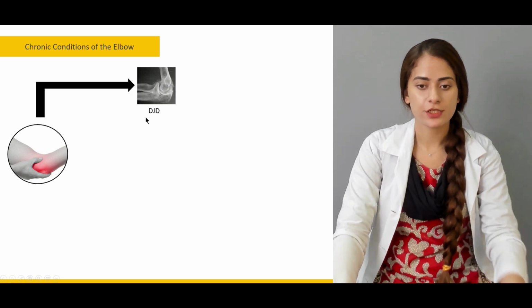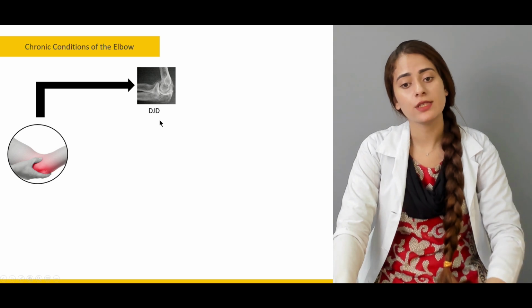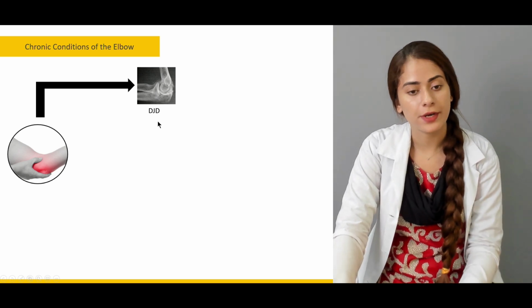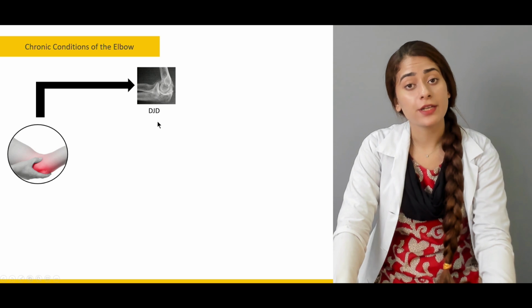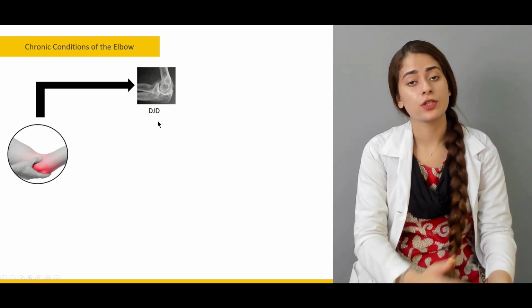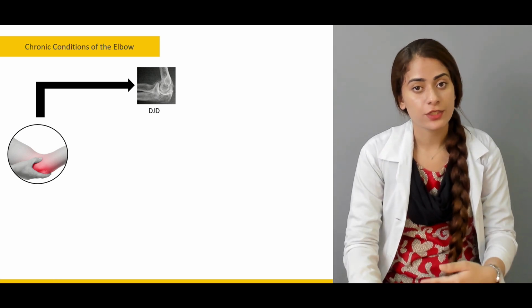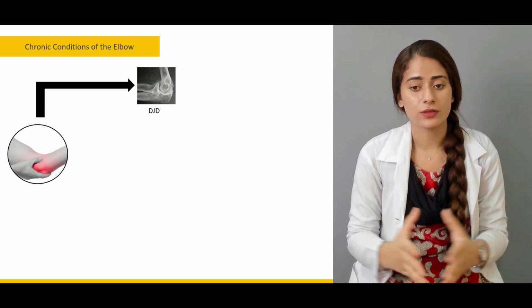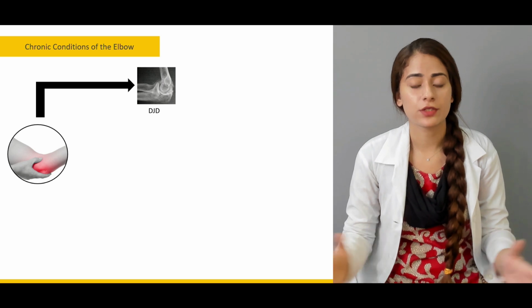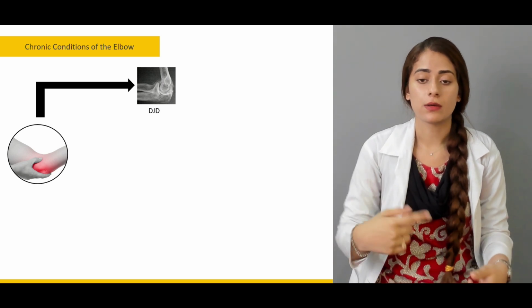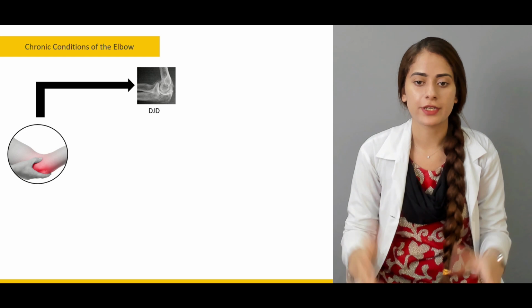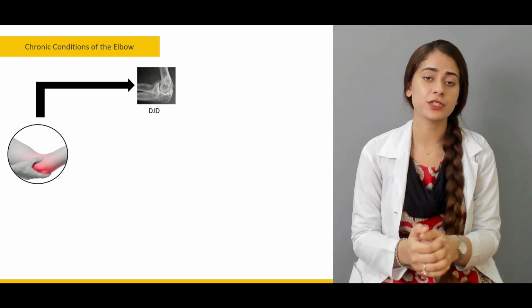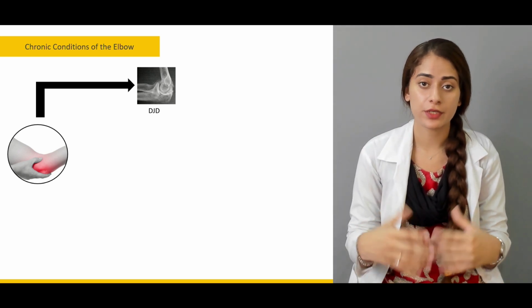So the first condition that we have is degenerative joint disease, also known as osteoarthritis. That is a chronic condition because it is a progressive condition, which takes a long period of time to occur in a joint, like we discussed in other lectures as well.